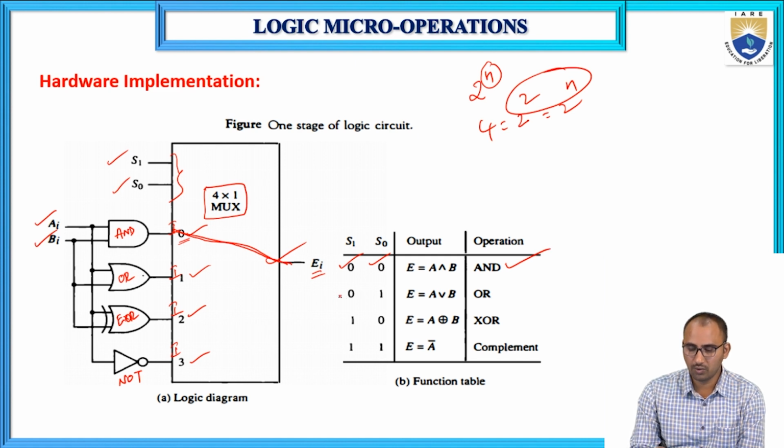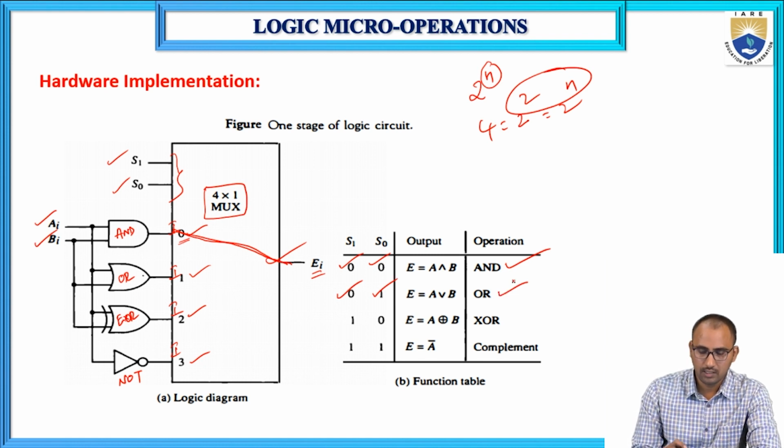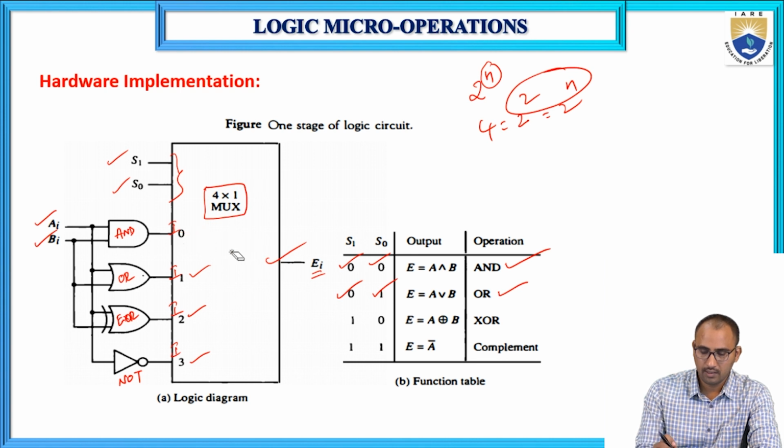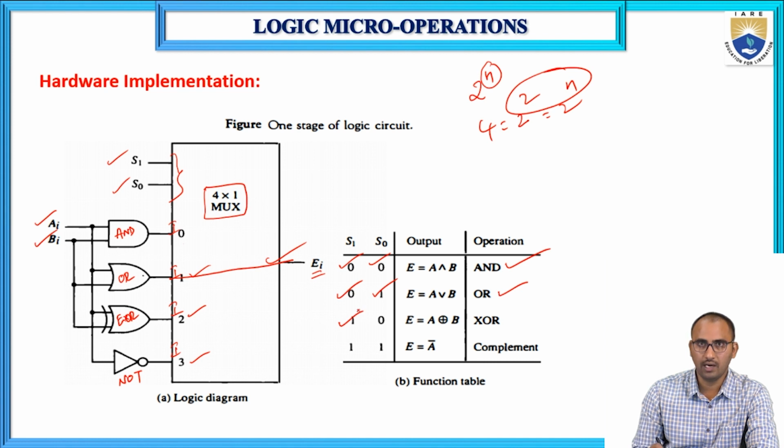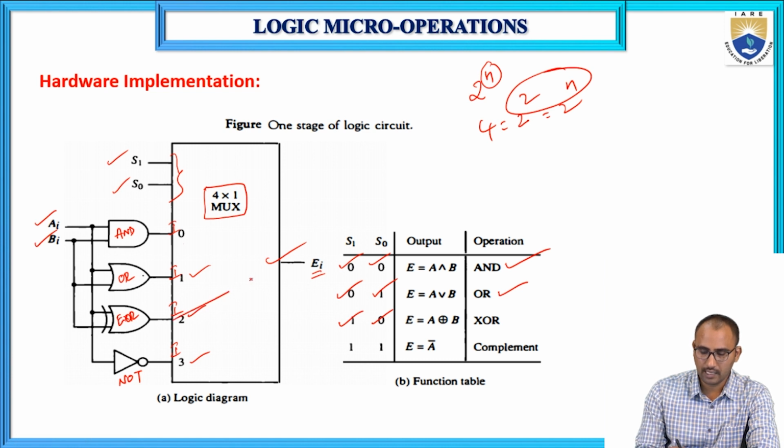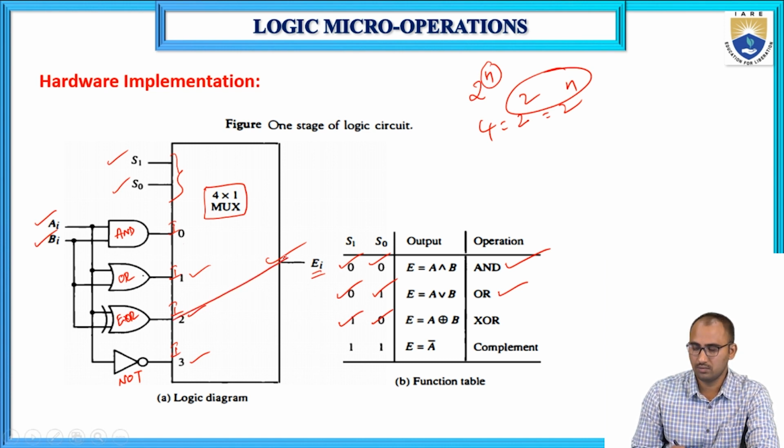If S1 is equal to 0 and S0 is equal to 1, then it performs OR operation, because then the I1 input will be connected to the output. Similarly, S1 1, S0 0: in this case, I2 will be connected to the output.